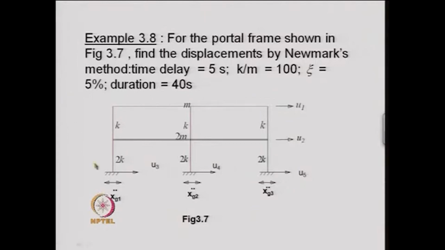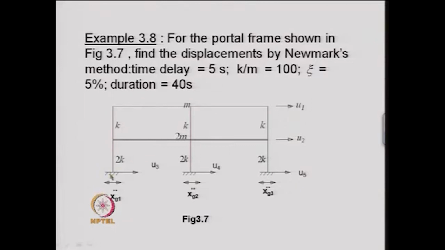When it arrives at this particular point, the ground motion at this point would be 0, and next here also it will be 0. When 5 seconds of ground motion has passed through this point, we get the ground motion over here, and at that point of time ground motion still at this point is 0.